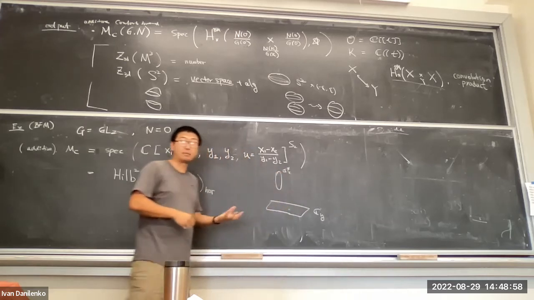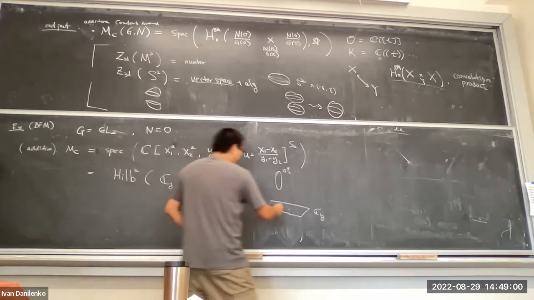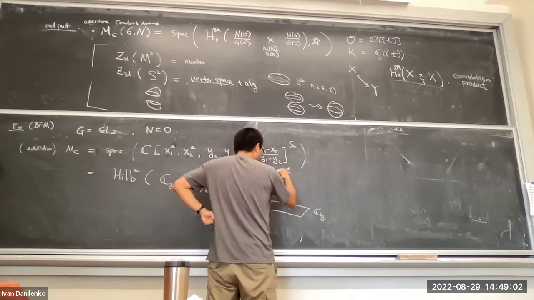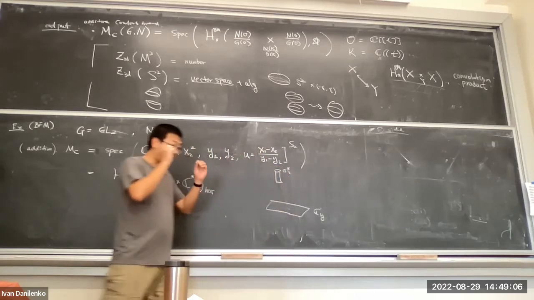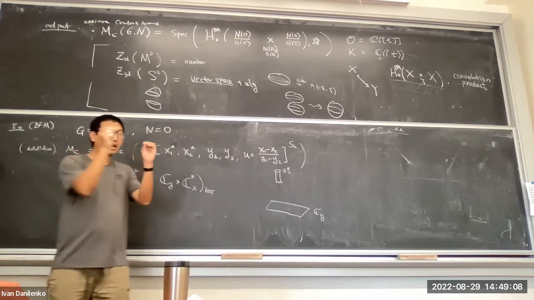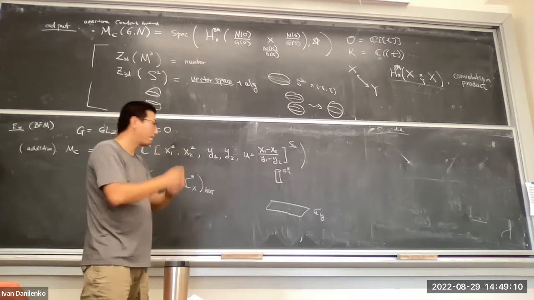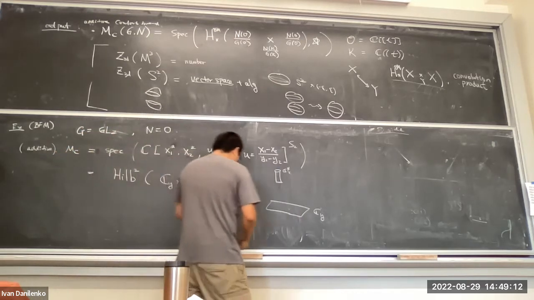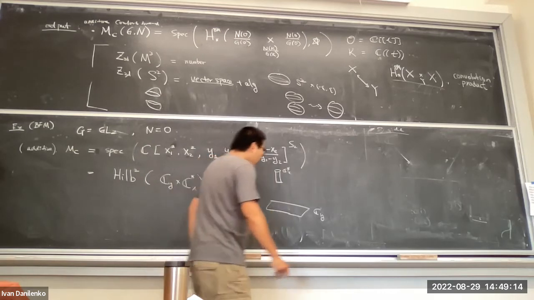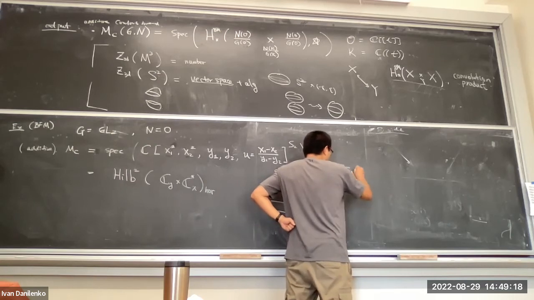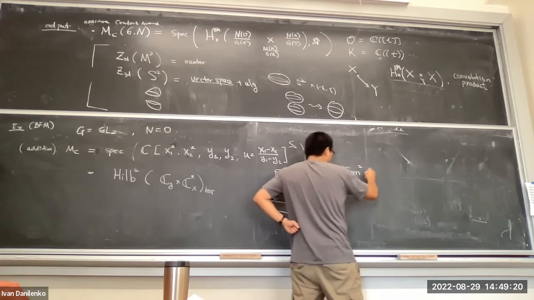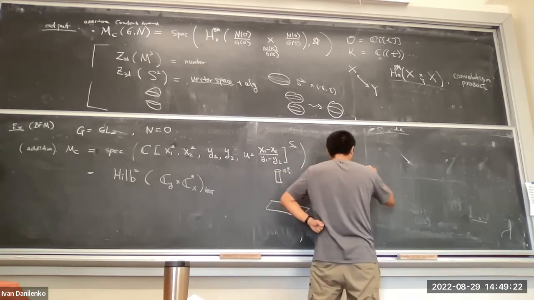It's a 2-dimensional complex space. And I'm considering a moduli space of 2 points on this space. If I just consider that, you would say, okay, how about just taking the symmetric square of this space?